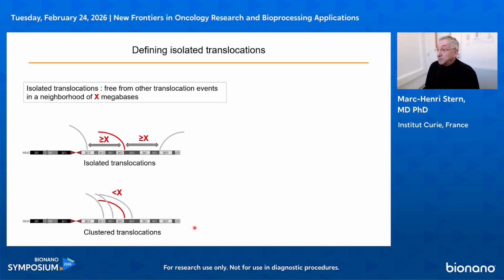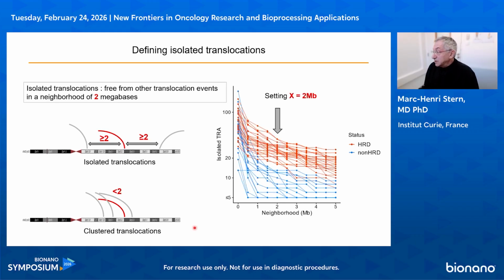We explored all possible distances from 0 to 5 megabases, and we found that around 2 megabases, there was a complete separation of HRD cases as compared to non-HRD cases.